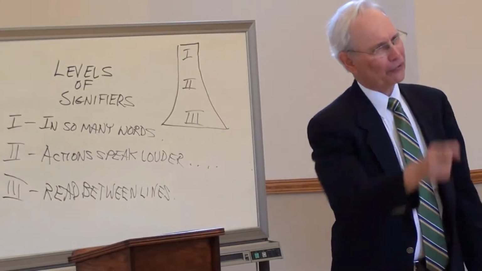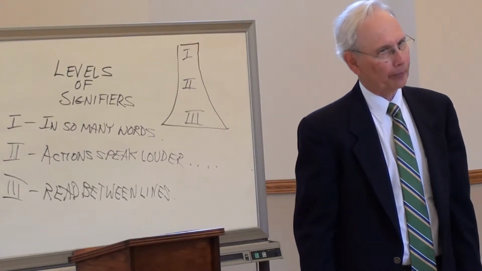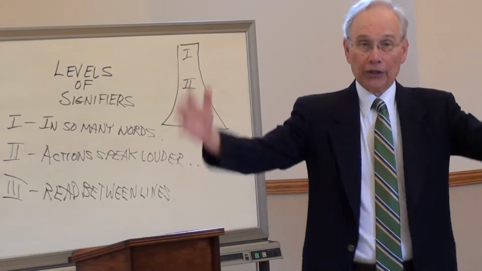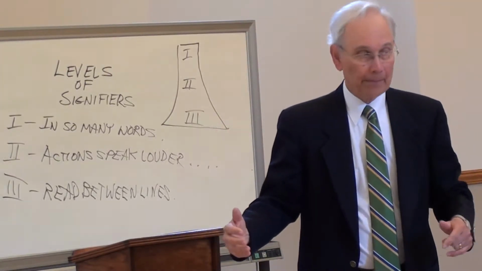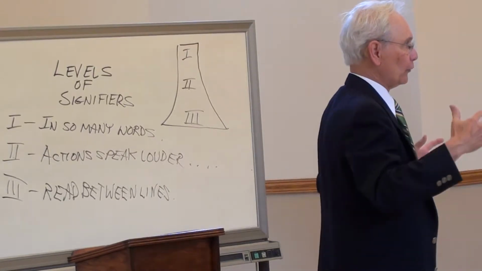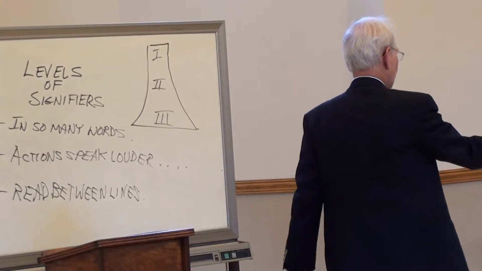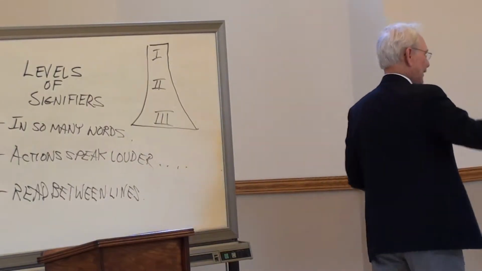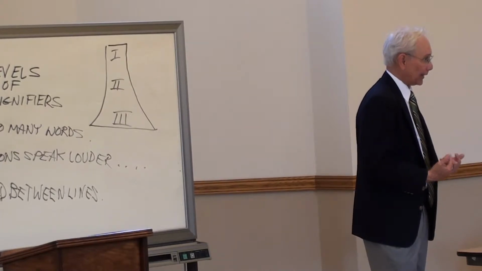But you're still not necessarily sure about the rending of the veil. When you get to level 3, it's a crapshoot, because now you're just trying to read between the lines and figure out what the heck is going on in the generation of the document.